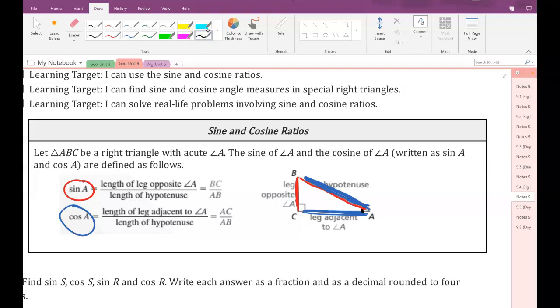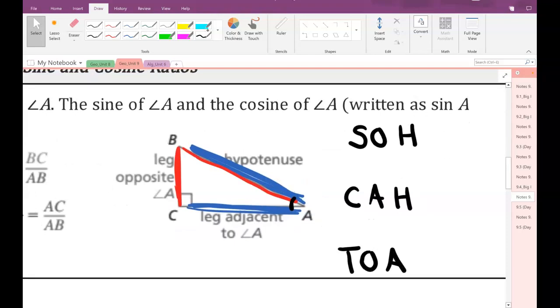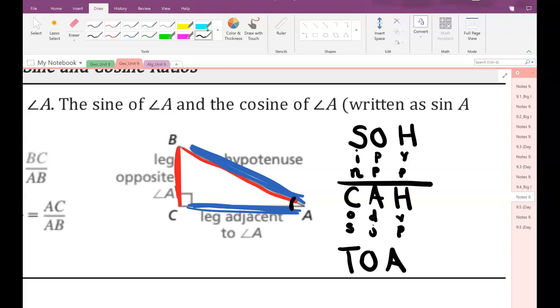The mnemonic device that's often used is SOHCAHTOA. SOH is for sine, opposite, hypotenuse, and the other one, CAH, cosine, adjacent, hypotenuse.